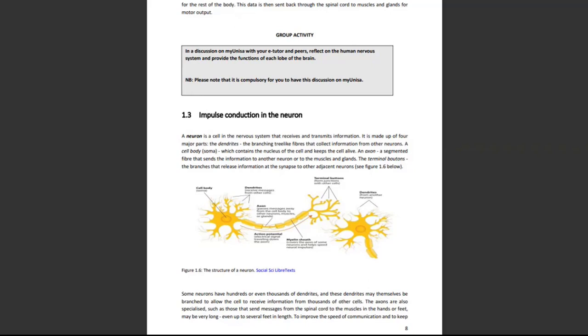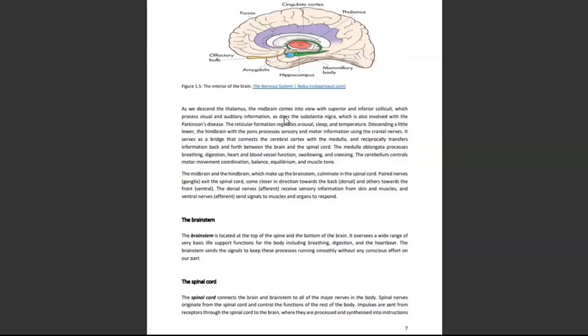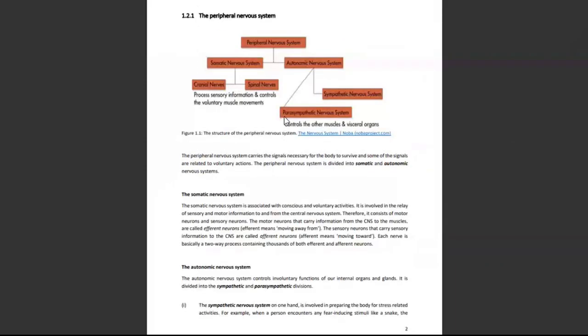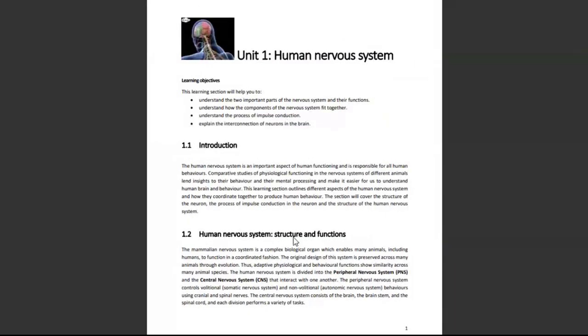So let me go back to the question. You have functions of the brain as well as impulse conduction in the neuron. Human nervous system 1.2, structures and function. Structures and function, mostly the physical aspects of your brain.